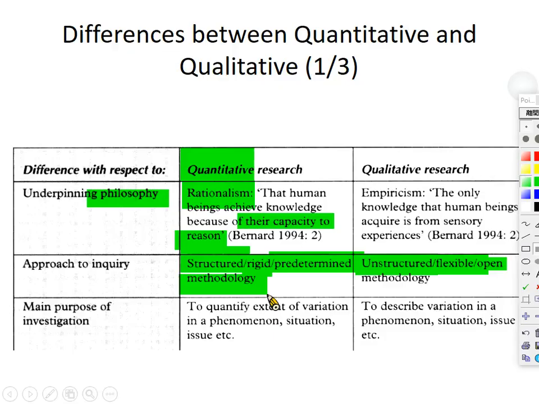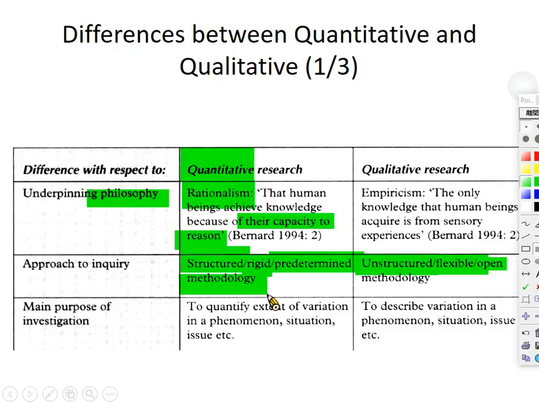We don't have to make contact with people. We are dealing with numbers, remember? The major target for us to collect data is numbers, not people. Since we are not encountering people, we can excuse ourselves from the trouble of dealing with the complexities of human nature. But qualitative research is quite different.